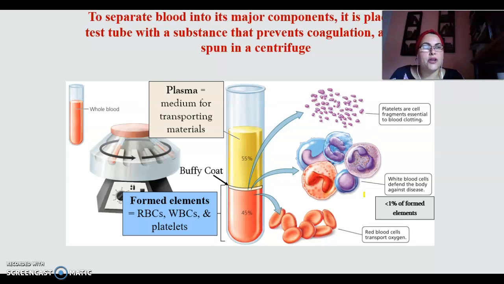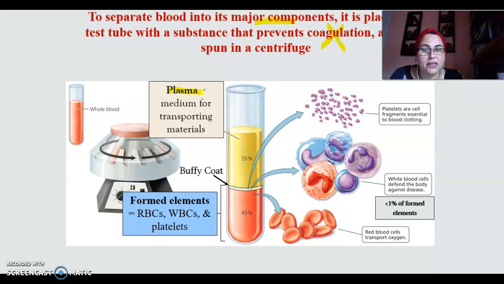Now let's see the components of blood. To separate blood into its major components, it's placed in a test tube with a substance that prevents coagulation and then spun in a centrifuge. What will we see? We'll see the plasma, which is a medium for transporting materials.